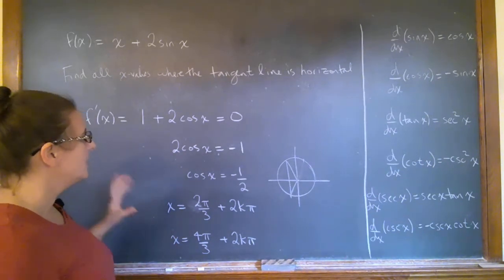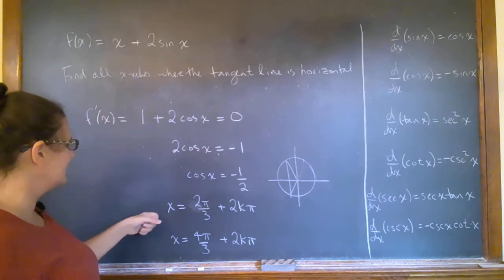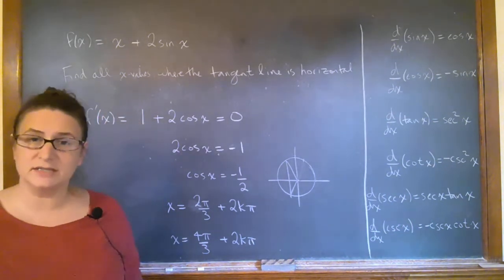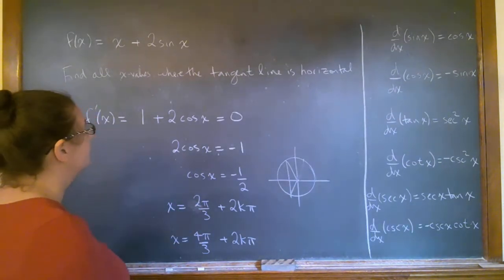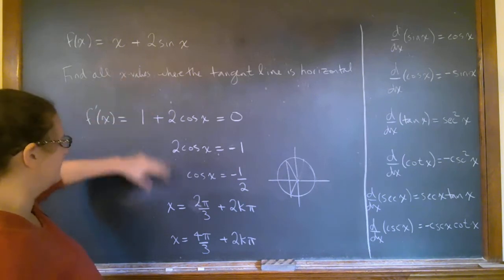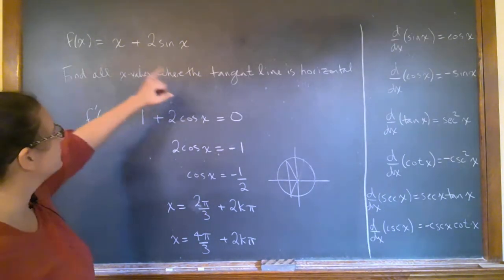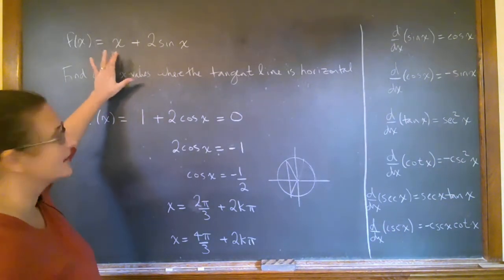Now, why did I change it? Because this is just the x value of the point. If it says find all points, typically they want the x and the y value. And for this function, the y value is going to be different because of the x, right?